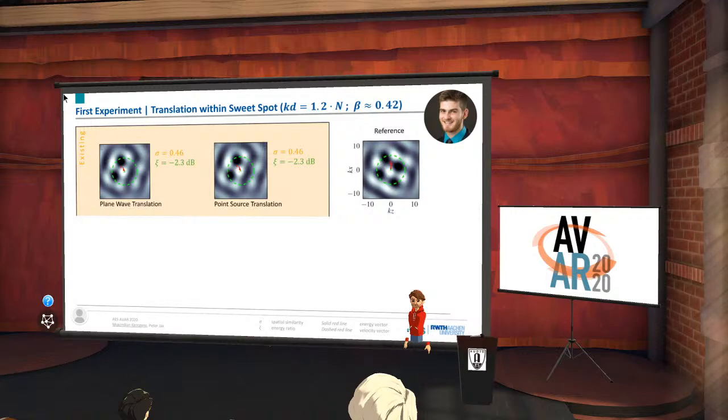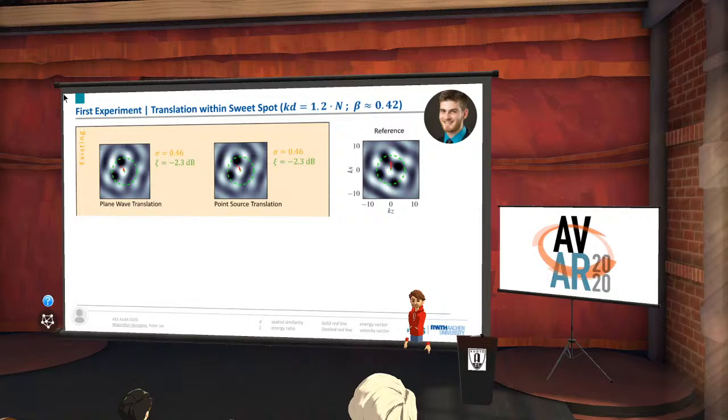Okay, what you see here is the reference signal on the top right, and you can compare it to the plane wave translation and the point source translation method. The first thing that you notice is that the plane wave and the point source translation method look very similar, with similar outputs. The second thing to notice is that if you have a closer look at the region within the green circle, you see that the left half, which is overlapping with the original sweet spot, looks very similar to the reference.